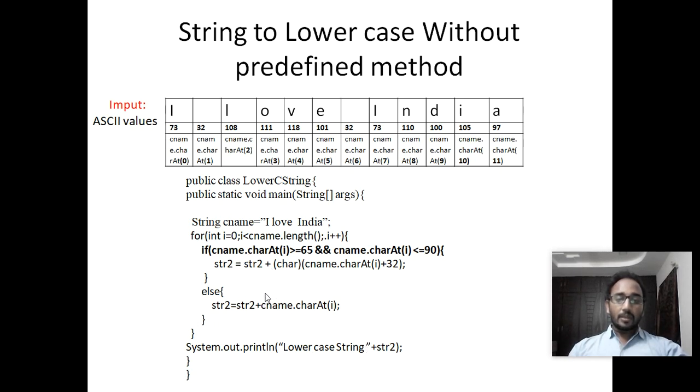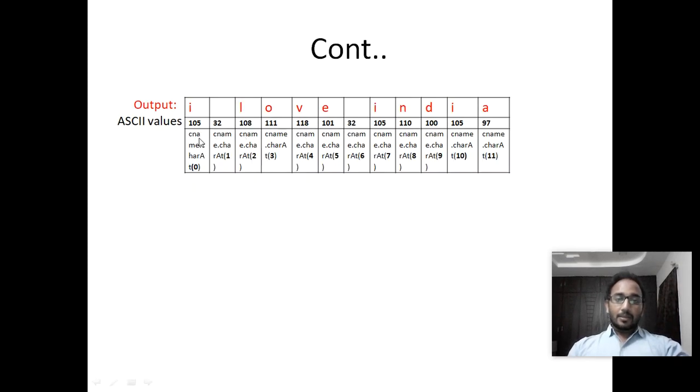Once you complete this for loop, you can see that all the characters in that string are in lowercase. See, here there is no character with an ASCII value between 65 and 90, because we already updated that value by 32.